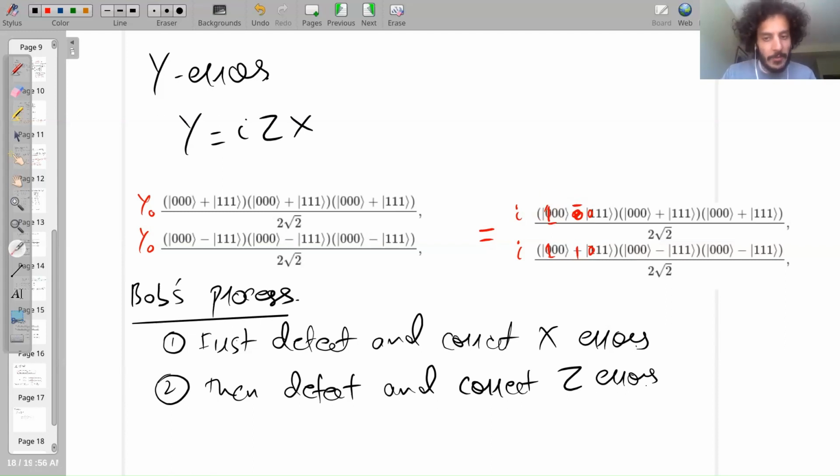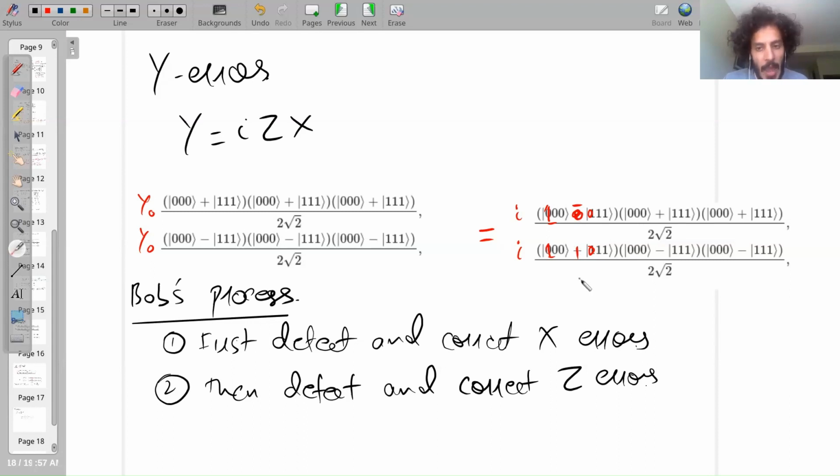Bob will notice that the 0th qubit is different from the first qubit. So he will correct, and he will set this back to 000 minus 111 and 000 plus 111, right? The phase error will remain, but he can correct the X errors without any problem.